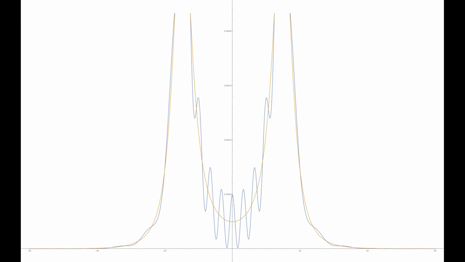In blue is the case where there is no detector, and you can see you get some interference with the oscillations, and the oscillations illustrate the interference pattern. If there is a detector, we get the yellow graph, which shows there is no interference.